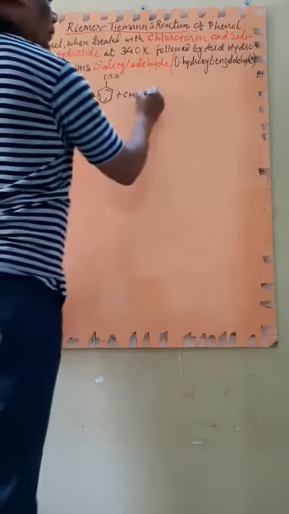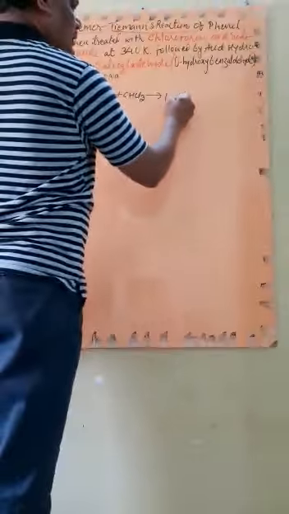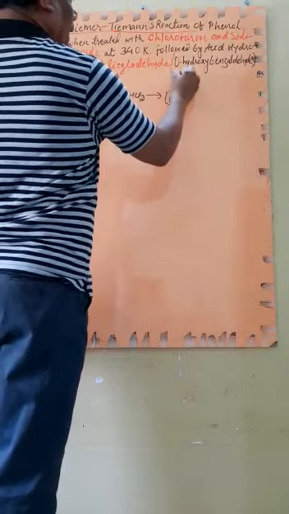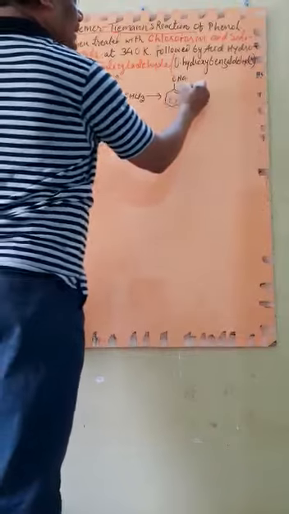Getting? So then it forms ONa and here CHCl2.